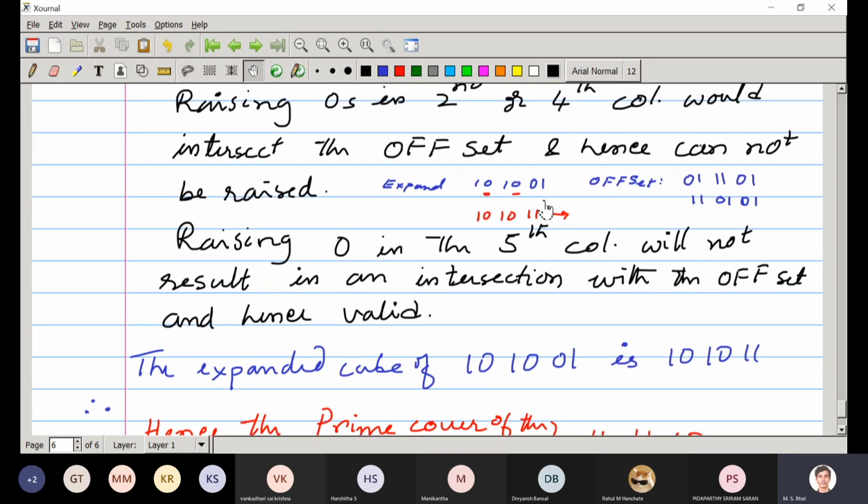Similarly here 1, 0, 0, 1, so it gives you void. So this is a valid expansion. Therefore, raising 0 in the fifth column will not result in an intersection with the offset and hence is valid.